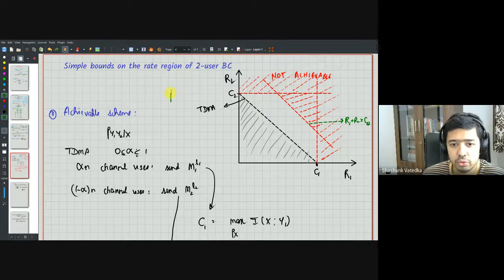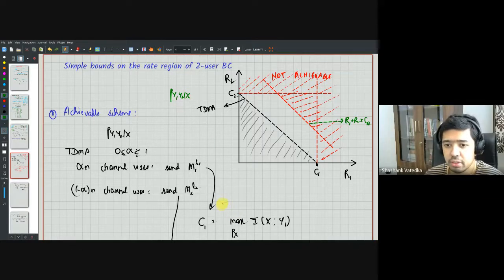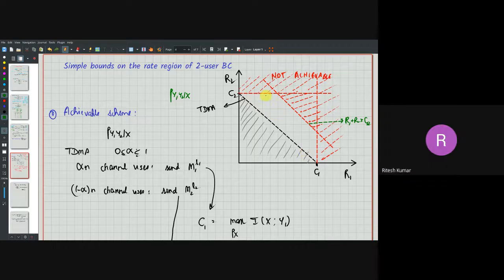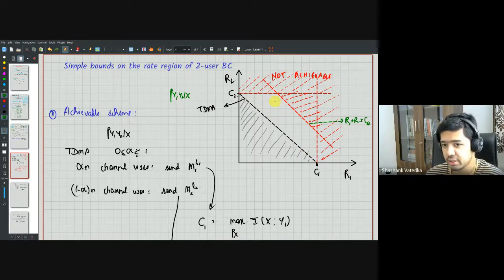So you know P of y1, y2 given X, right? The channel is given. But obviously, you need a better technique than TDMA to get a better achievable rate. And you need a more powerful converse technique than what we've used so far in order to say that something is not achievable.